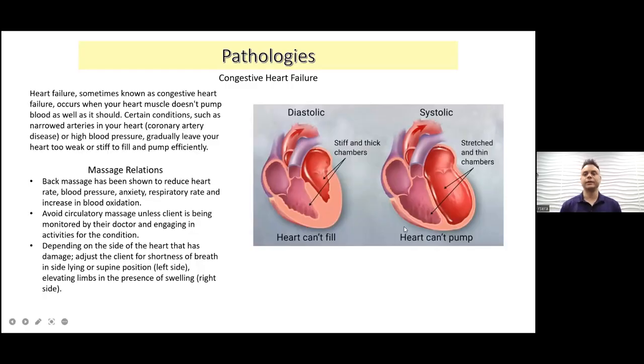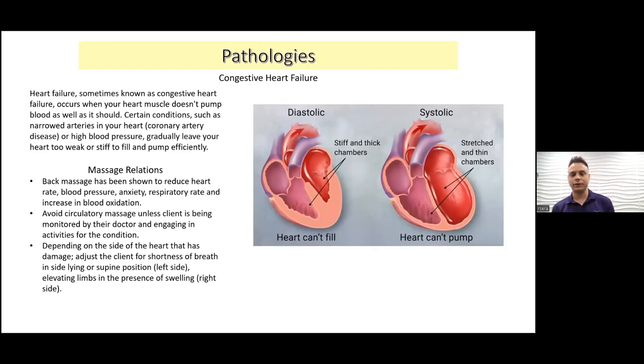Our next one is congestive heart failure. Congestive heart failure itself is an inability of the heart to pump blood, right? Typically this is due to damage or loss of muscle of the ventricles, the bottom chambers of the heart that are responsible for squeezing and pushing blood out of the heart itself.